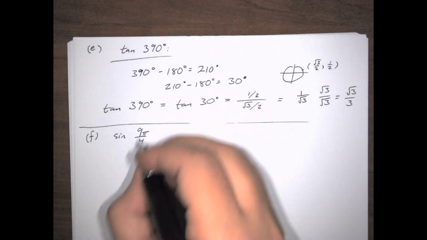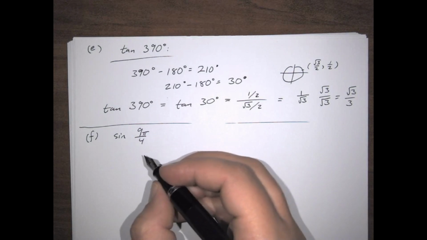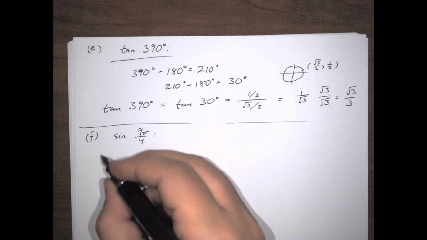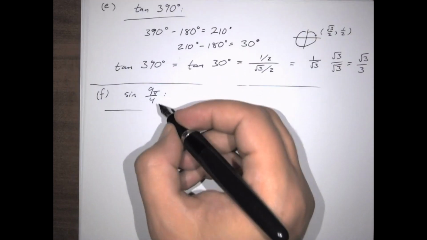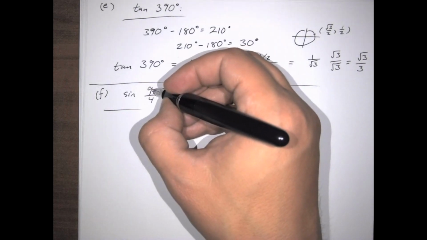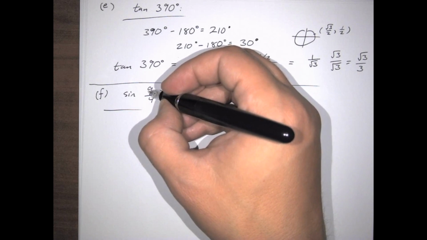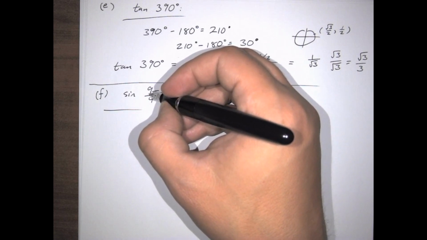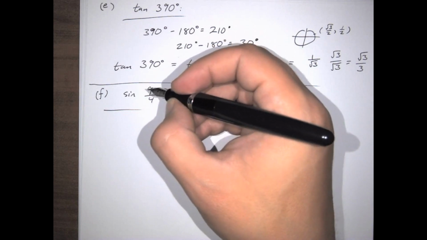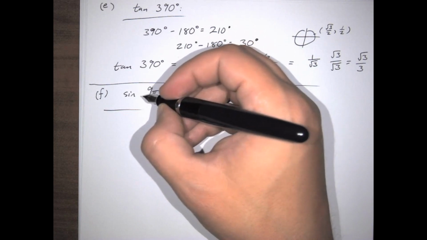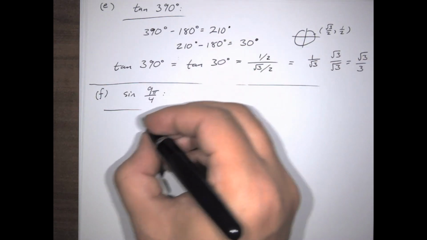So first off, remember, when it comes to radians, the period of sine, cosine, cosecant, and secant is 2 pi, which, depending on the denominator, is just going to be either 8/4 pi, or 6/3 pi, or 12/6 pi.